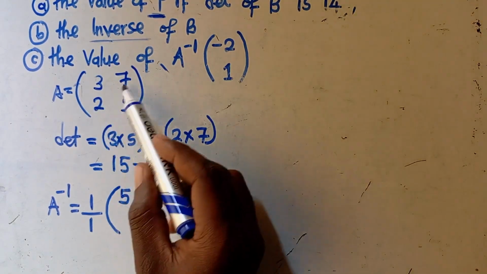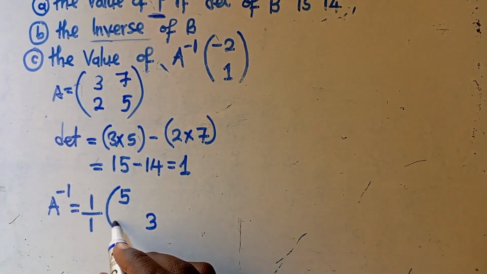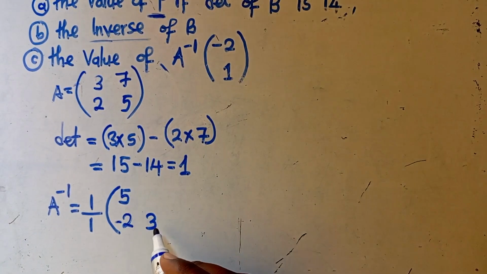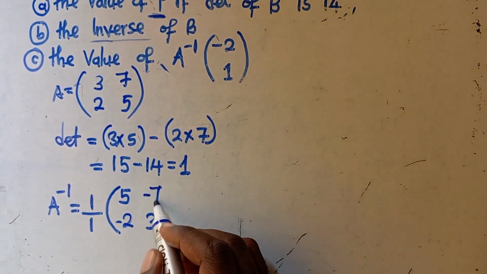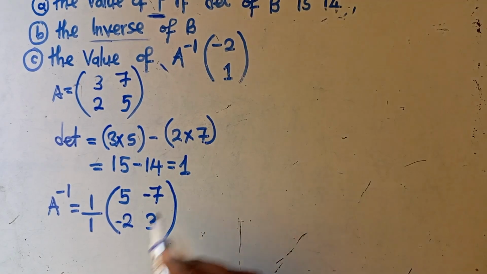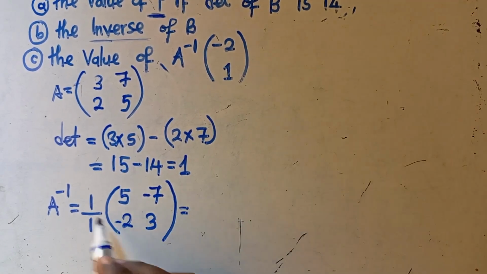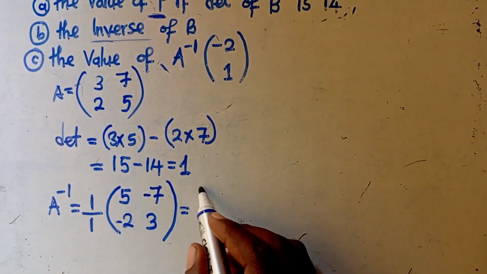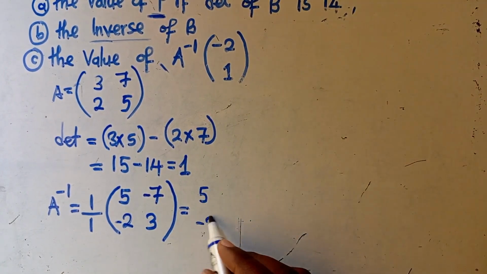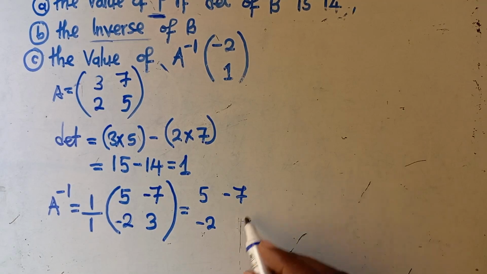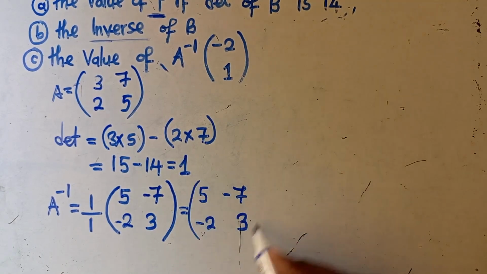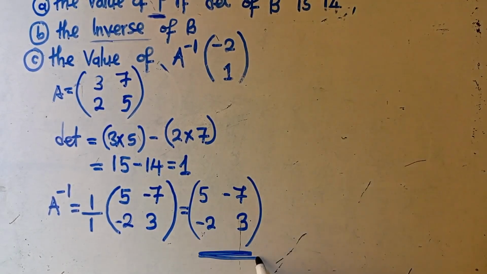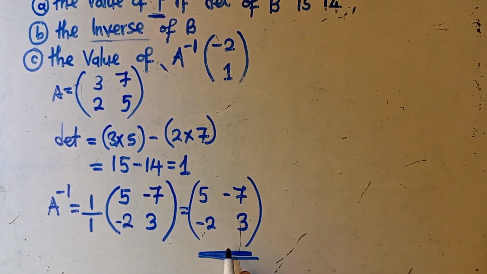What happens to the minor diagonal? Signs are going to change. That is positive 2 becomes negative 2. This one also becomes negative 7. Since it's 1 over 1, we are going to have 5, negative 2, negative 7, and 3. So this is the inverse of A.